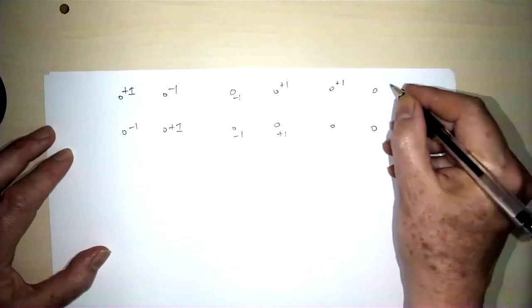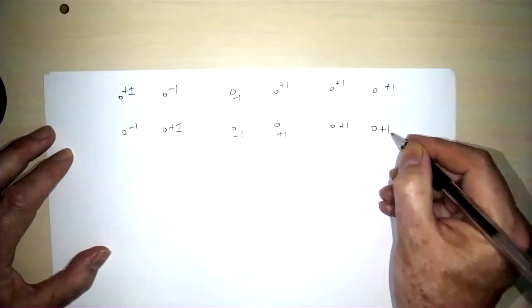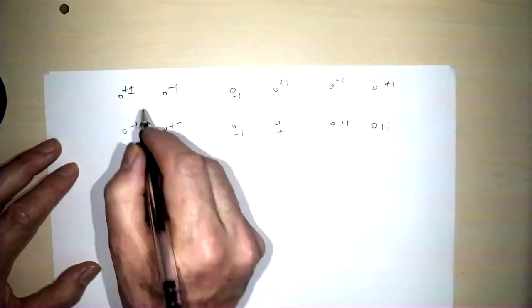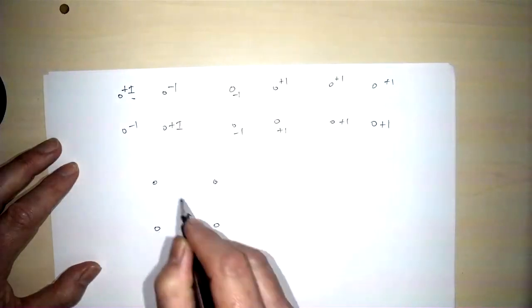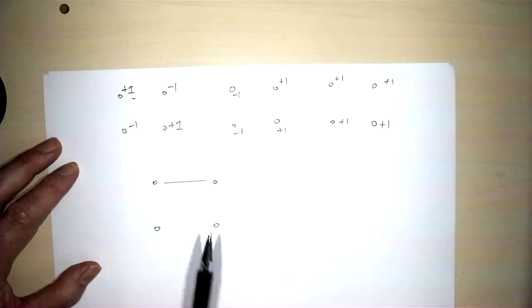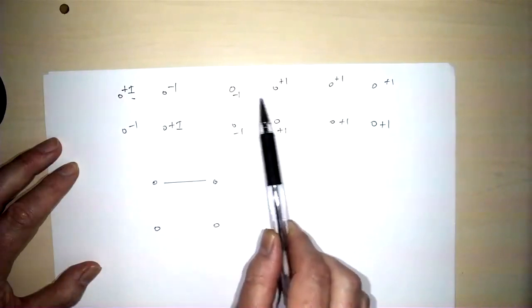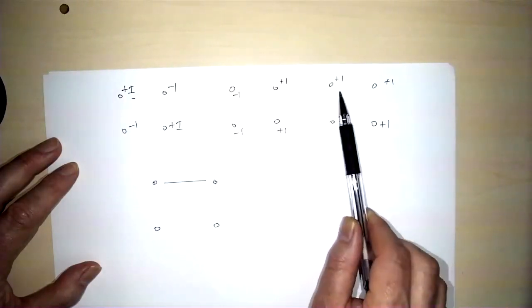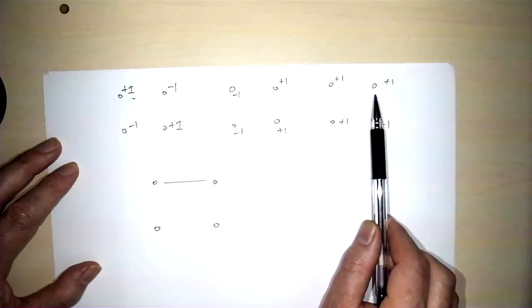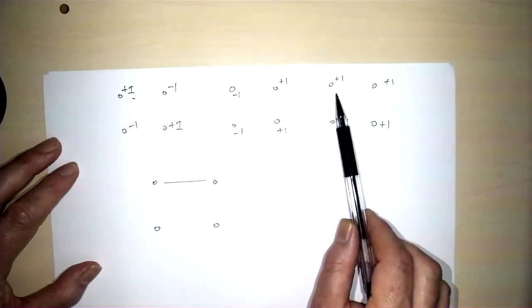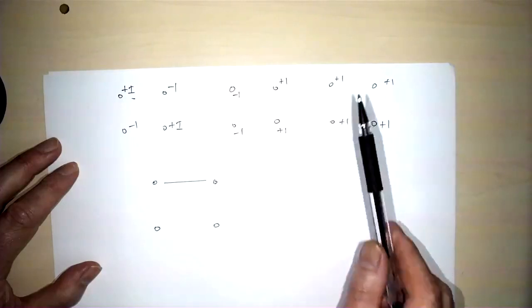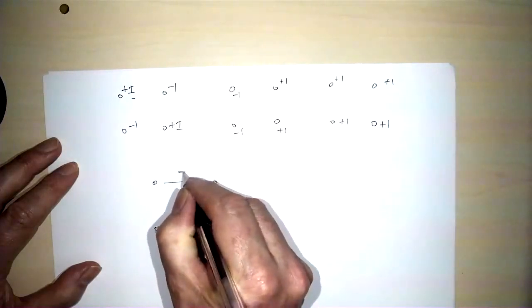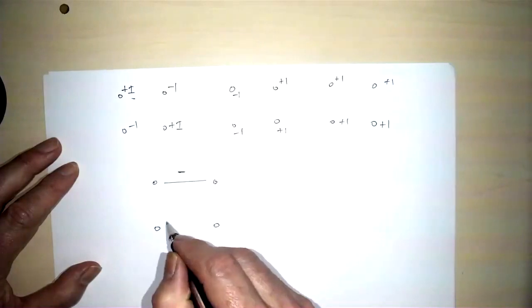And this is +1, +1, +1, +1. Then you can start to see, if I try to make a network out of these, the weights here, these are opposite, and these the same, so this value would be negative.